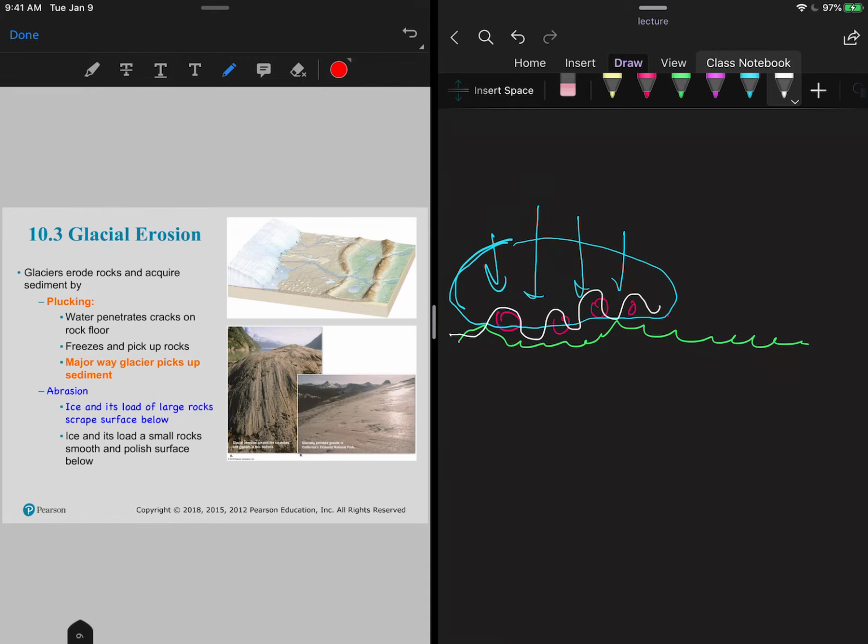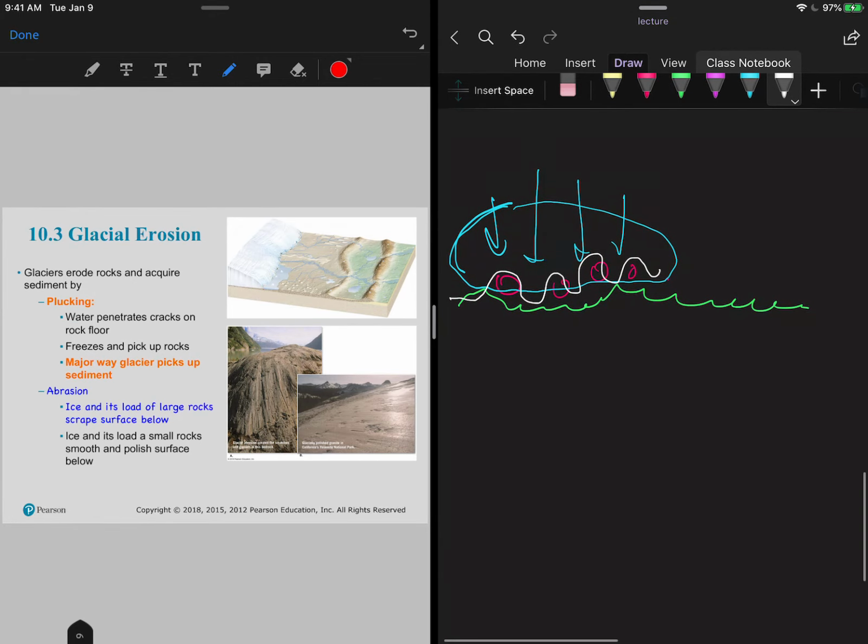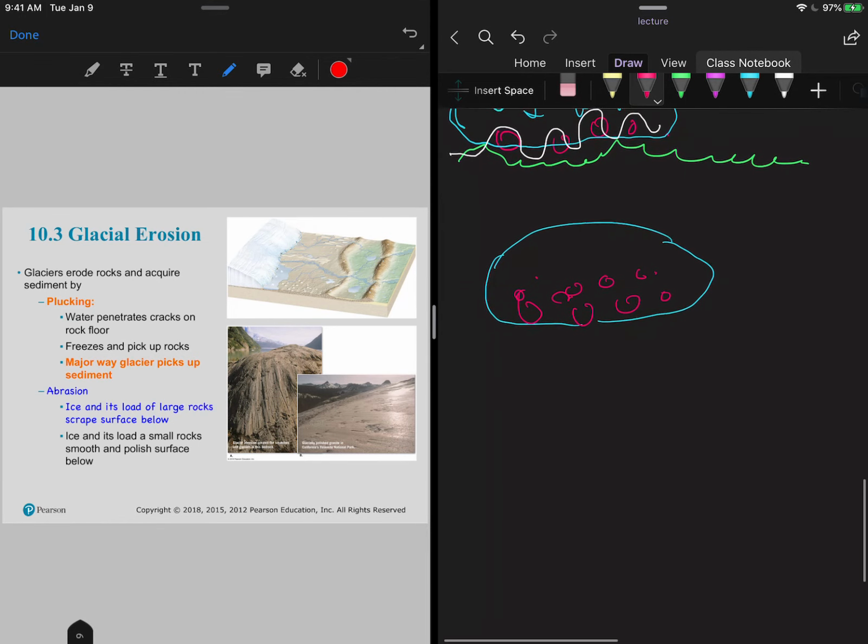And when that water freezes, it freezes those rocks into the glacier. So what you wind up having then is that the glacier picks up sediment. As time goes by, the glacier freezes in those same pieces of rubble, and now that rubble becomes teeth at the bottom, or becomes stuck into the glacier. So this process is called plucking.